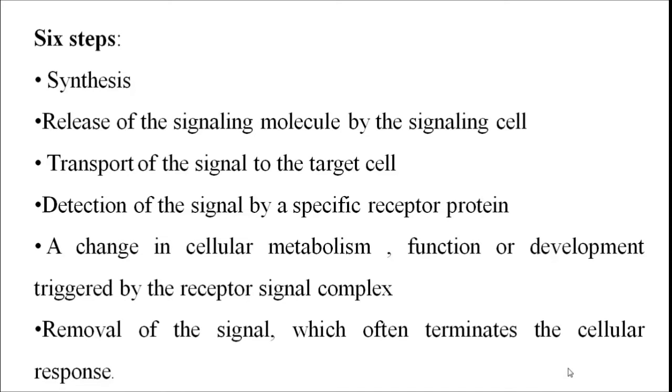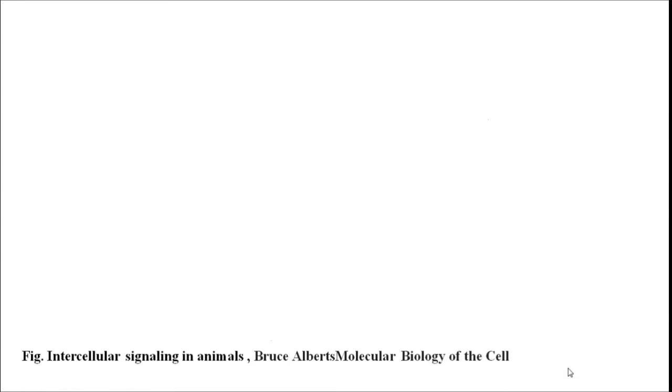When the signal is removed, it terminates the cell signaling process and it terminates the cellular response which was generated by the target cell against a particular kind of signaling molecule.